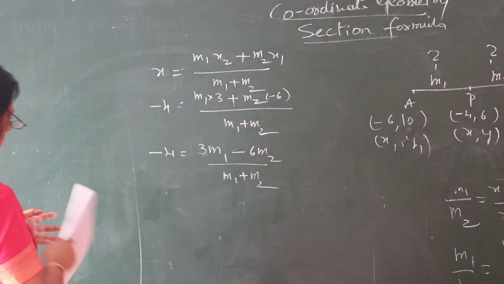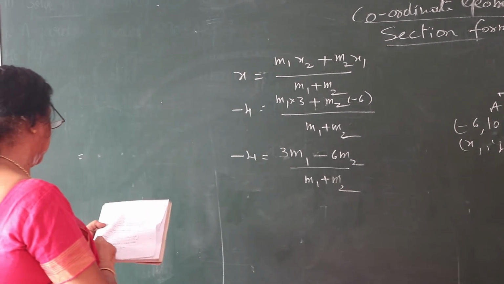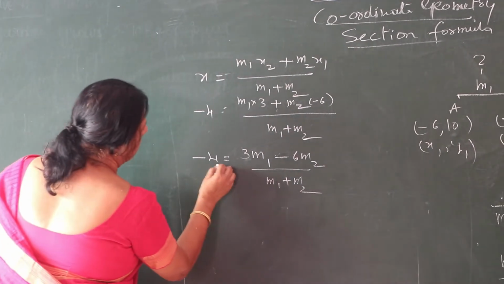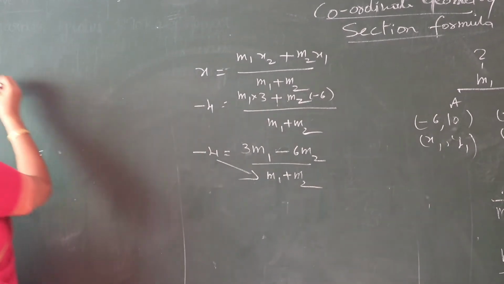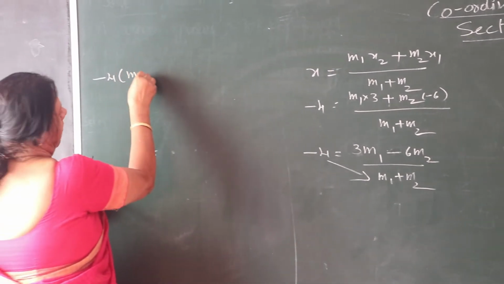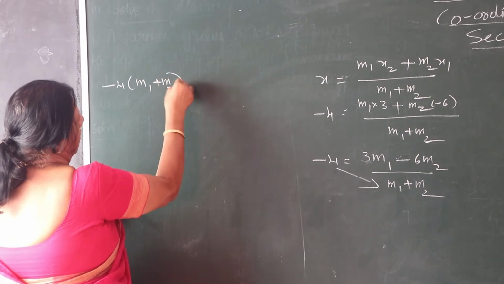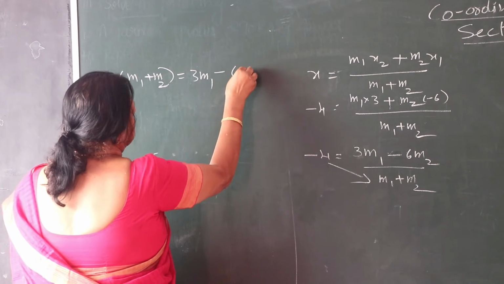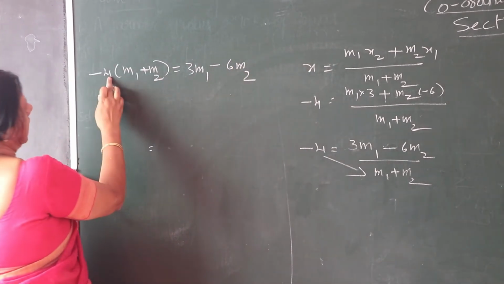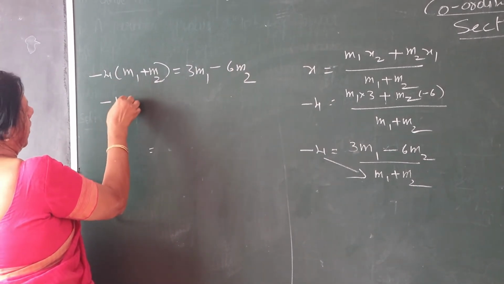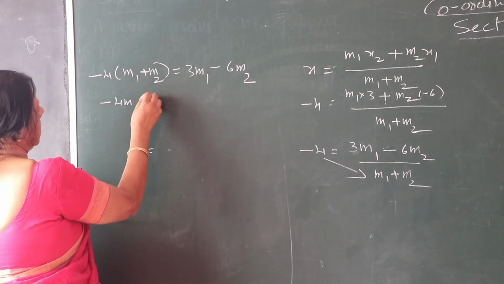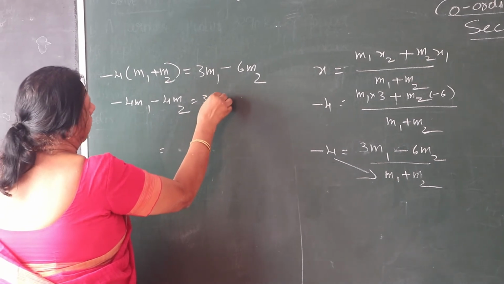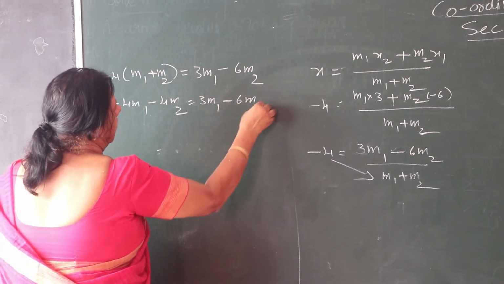By doing the cross multiplication, you get the answer. So doing the cross multiplication, simplify it: minus 4 into m1 plus m2 is equal to 3m1 minus 6m2. That gives minus 4m1 minus 4m2 is equal to 3m1 minus 6m2.